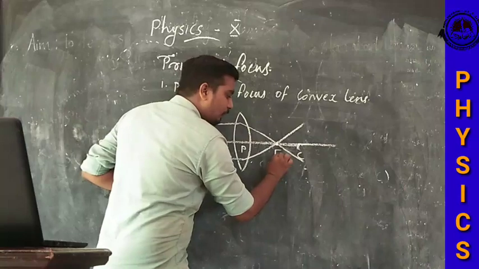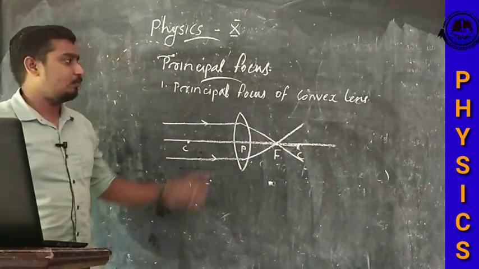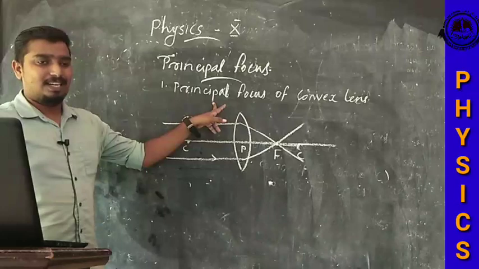That point is called the principal focus of a convex lens.